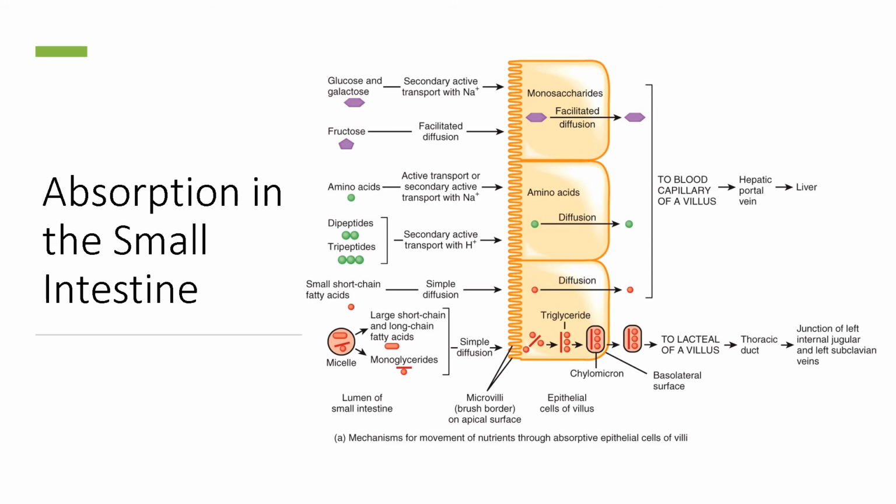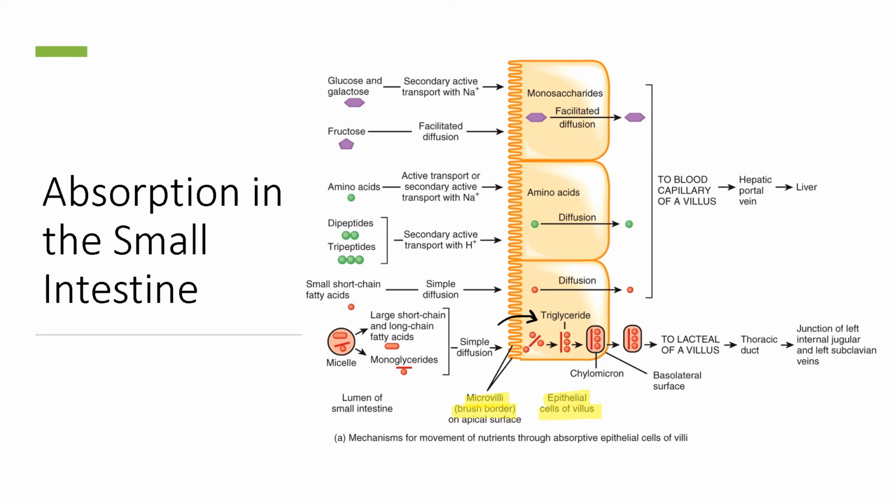So in this diagram here, this shows the first movement across a membrane. Over here, these are the epithelial cells. These yellow, orangey cells are going to be the epithelial cells of the villus. And here you can also see the microvilli, which is going to be that brush border. So you're going to see the first movement across a membrane, which is this movement here.